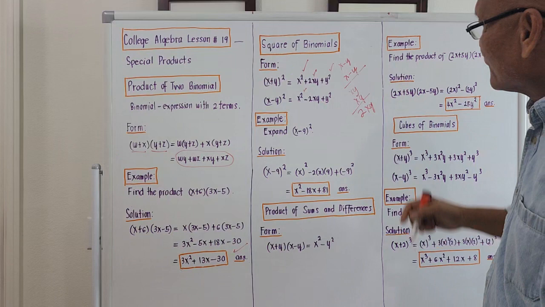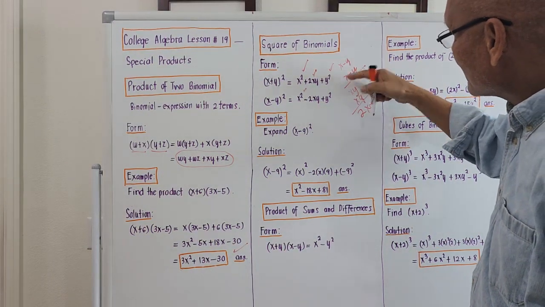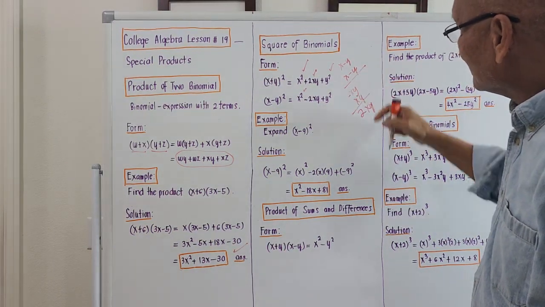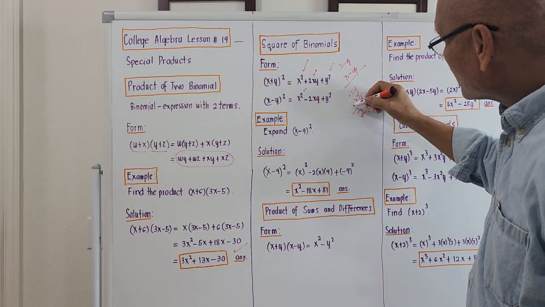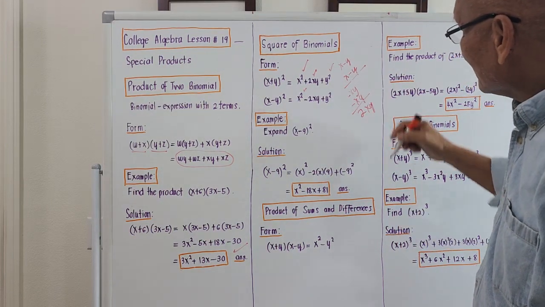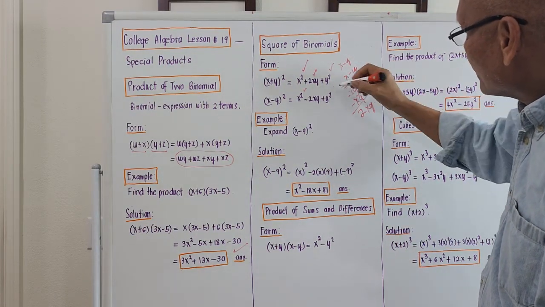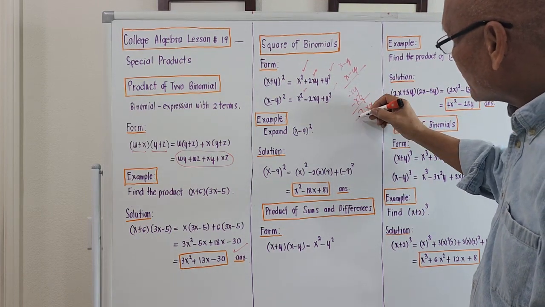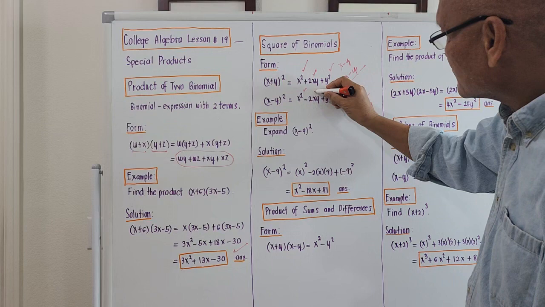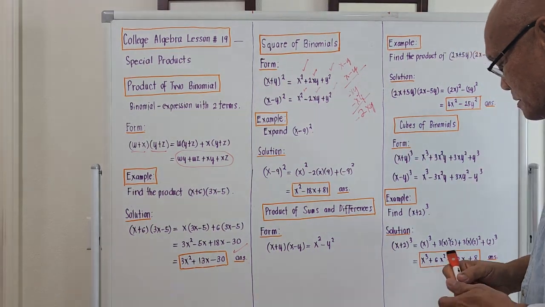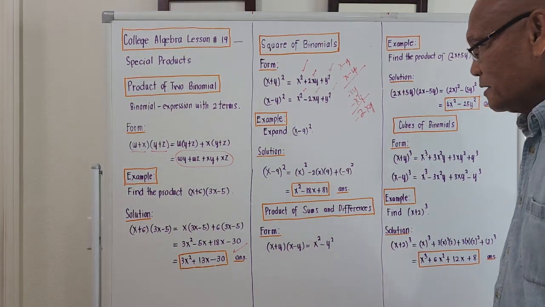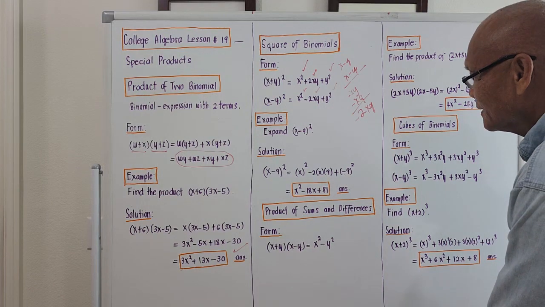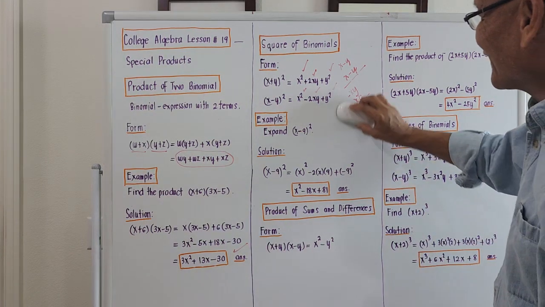The middle term will be negative: negative y times x will be negative xy, and negative y times x will still be negative xy. And a negative y and negative y will be y squared. Negative xy minus xy will be negative 2xy. So actually the middle term is negative 2xy. Again, it's an easy one, right?